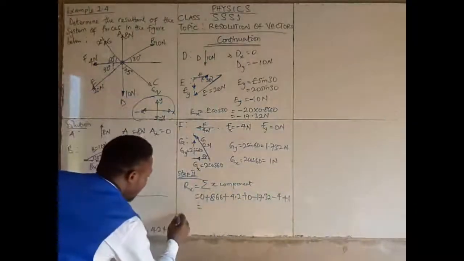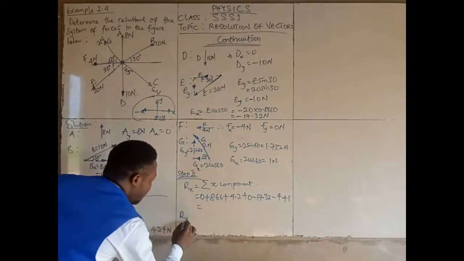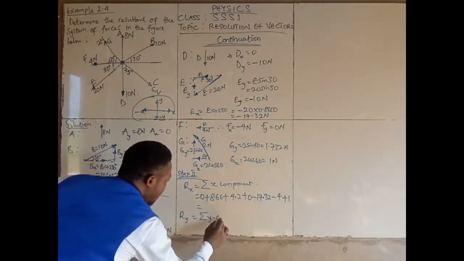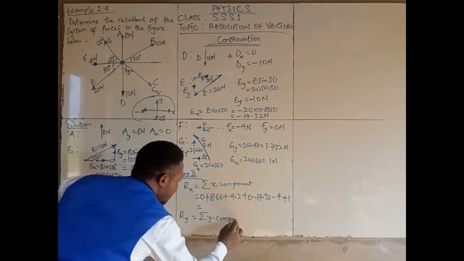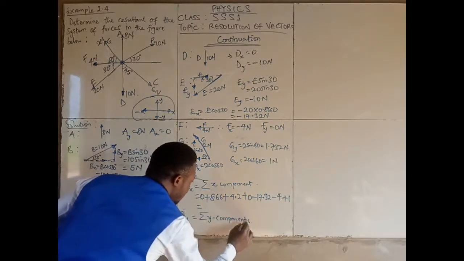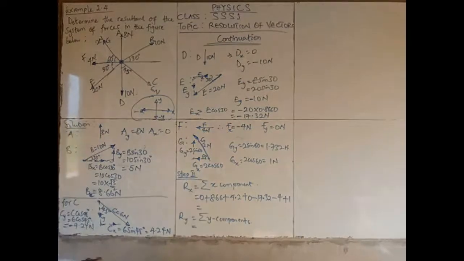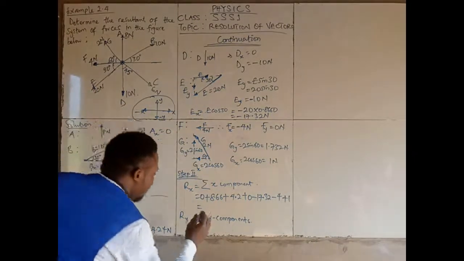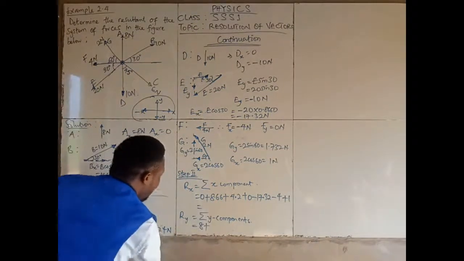And our Ry, we can also do with the same method, summation of y components. Let's pick that one by one. Our y components, the first value, let's go to A. For A, Ay is 8 Newton, plus.